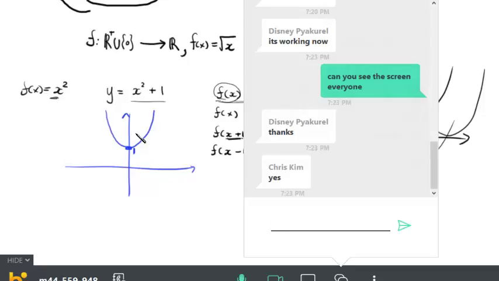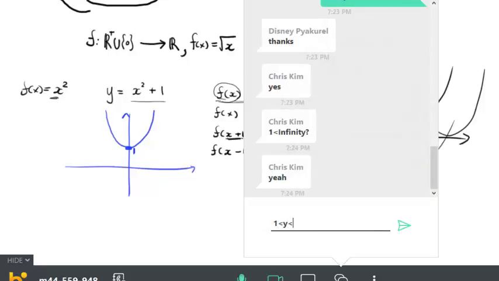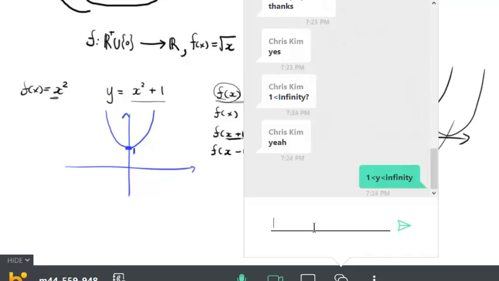So, what do you think is the domain, guys, for this one? Okay, so Chris said it's 1 to infinity. Is that what you meant? Well done. So 1 to infinity, that's actually the range, isn't it?